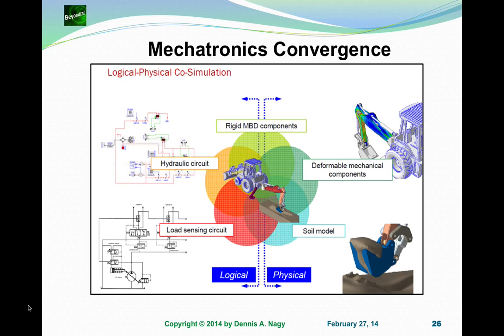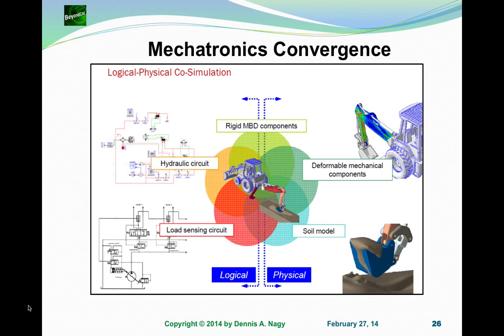You have load sensing circuits, which is pure electronics, deformable mechanical components, which can be done in some sense by simplifying, but then when you get to the actual soil model that is needed, that's really full 3D. And you have the physical side, and then you have the logical or topological side of the simulation. Logical is misleading because then people think of logic circuits. This is not meant in that sense here.